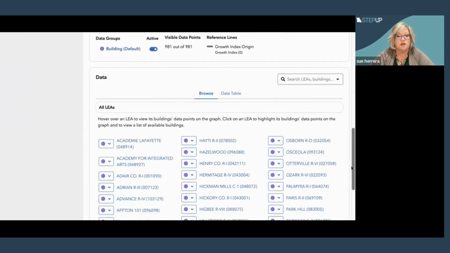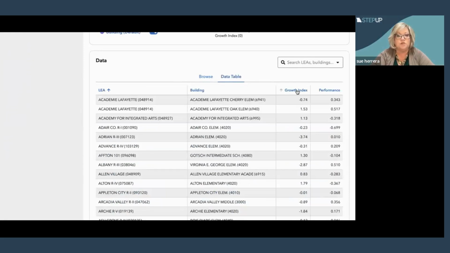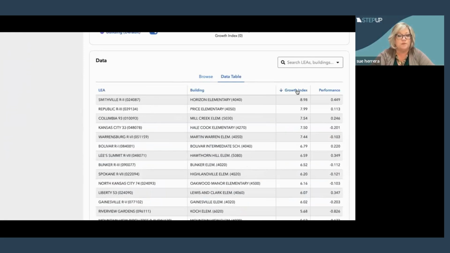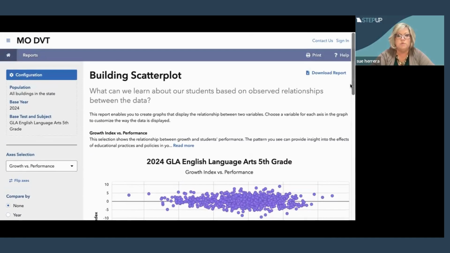You can go down here and go to the data table. And again, this is all in the public facing, and you can sort by growth, who had the most growth, and by performance. And then up here at the top, any report you like, you can download.